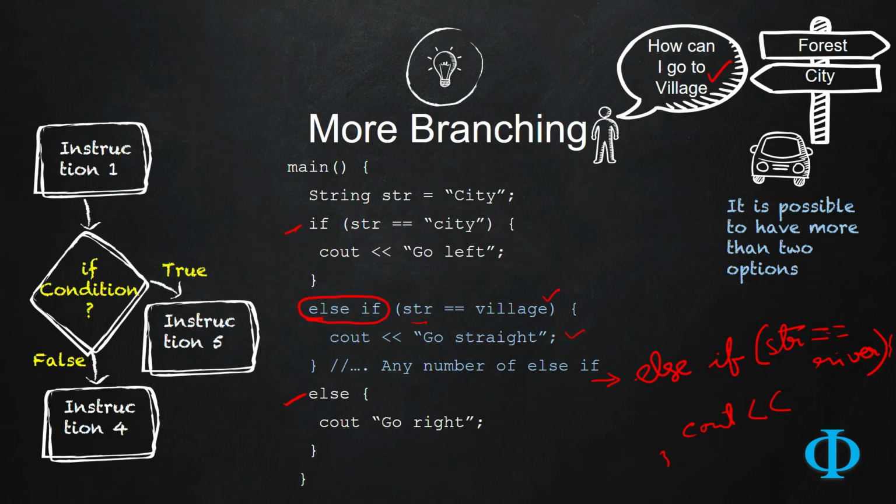So what I am trying to say is, you can have any number of branches instead of just only if and else. Here you can have as many else if statements in between to support more branching in C++.